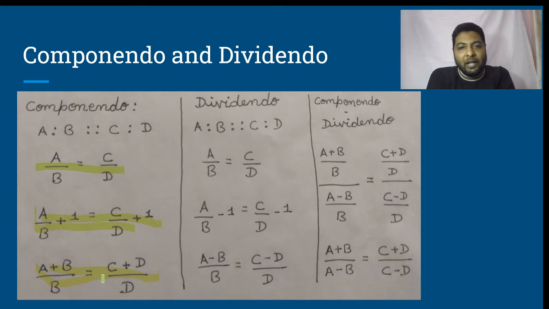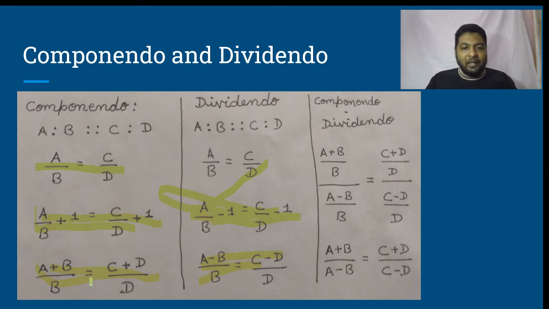What is dividendo then? If A by B is equal to C by D, subtract 1 on both the sides. You will get A by B minus 1 is equal to C by D minus 1. That is A minus B by B is equal to C minus D by D. This is called as dividendo.